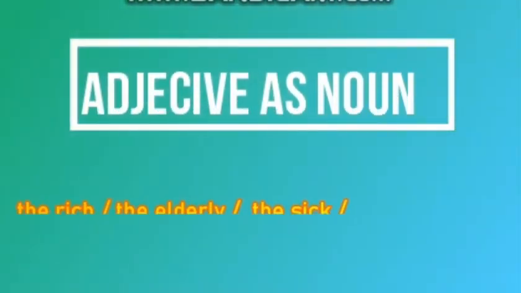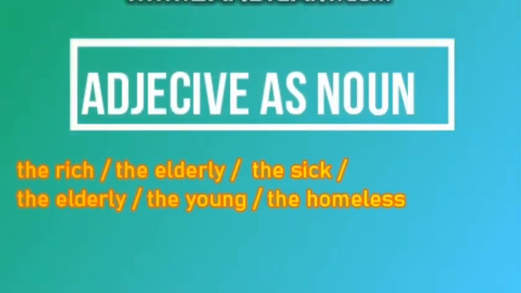For example, the rich, the elderly, the needy, the sick, the young, the homeless. Right? These, homeless, sick, rich, elderly, are what? Adjectives. So, they take the place of nouns.